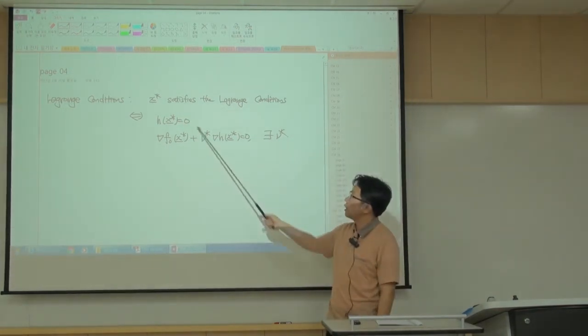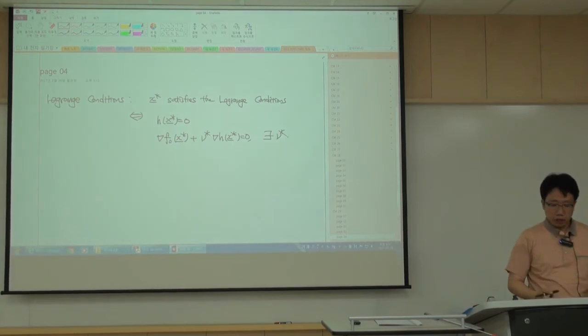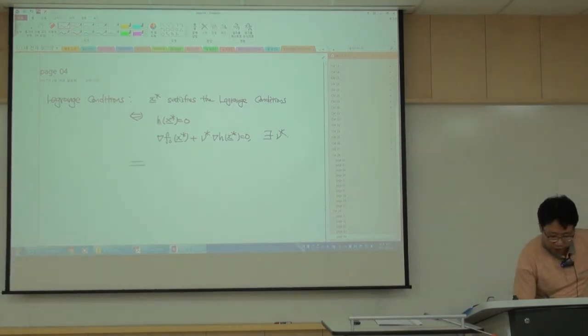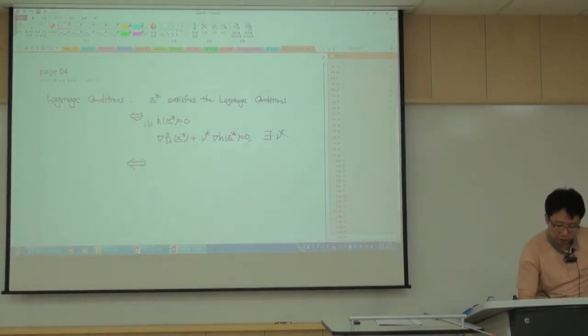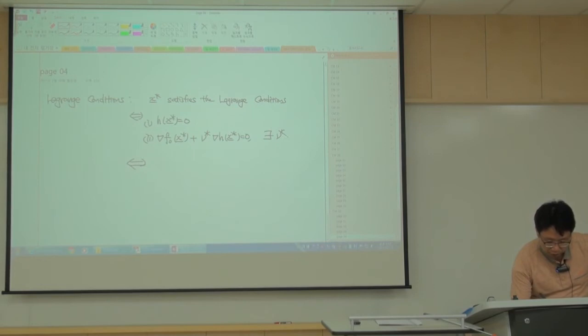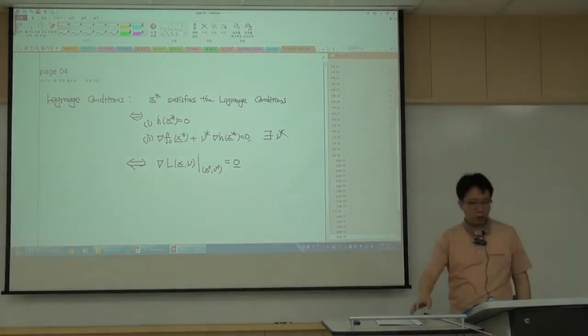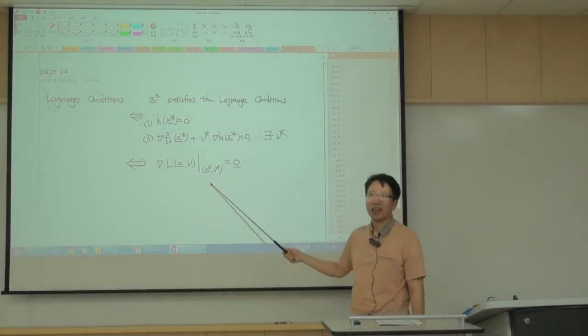So these two lines are called the Lagrange conditions. Sometimes these two conditions are written in a simpler form. So it's like this. You may say, what? I understand.